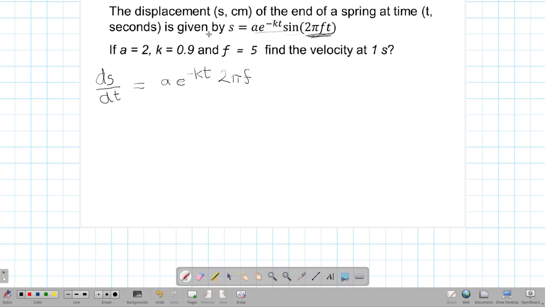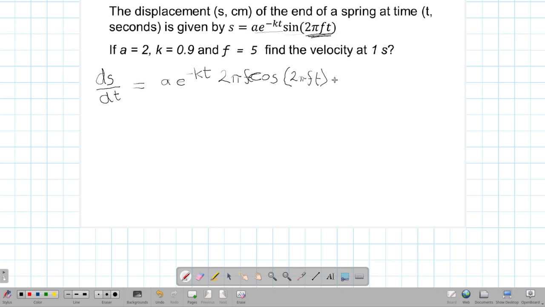Okay, cosine, and then the stuff inside the bracket stays the same, 2 pi f t, close bracket.